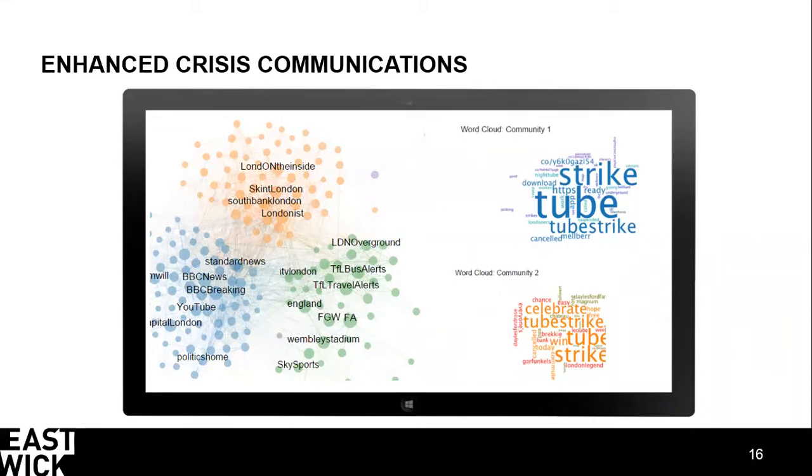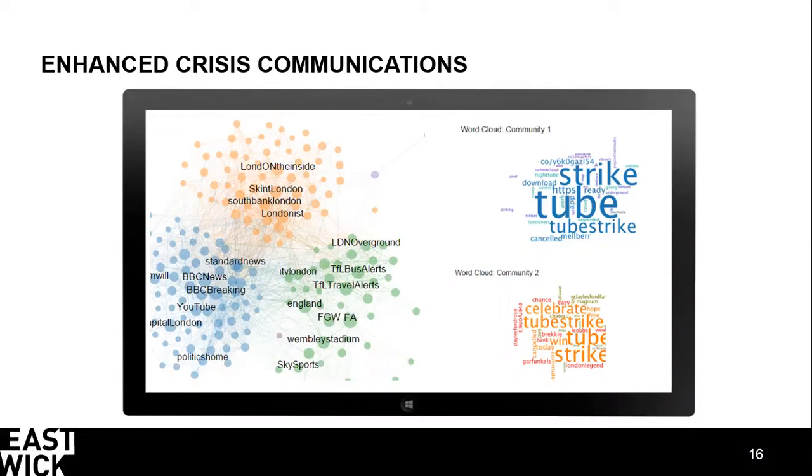In this case, there was erroneous information out there about tube stations being closed, and they were actually able to go to these people and say, hey, we see that you're influencing conversation. Can you let them know that that tube station is actually open and fully operational? And then on the right-hand side, these are some other good tools, word clouds that allow you to peer inside those communities.